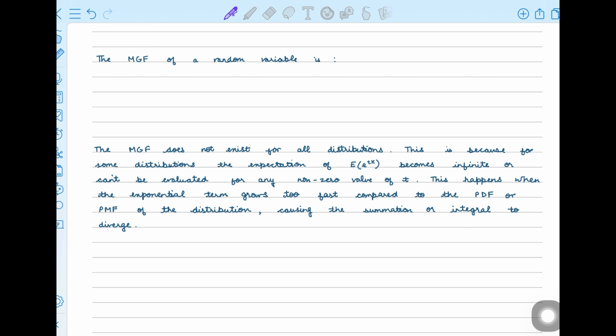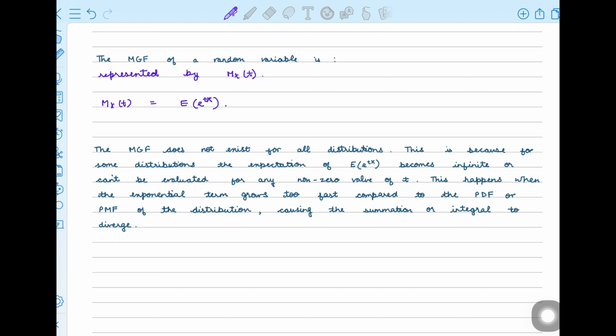The MGF of a random variable is represented by M of t, and the formula used to calculate this is given by M of t is equal to the expectation of e to the power tX.